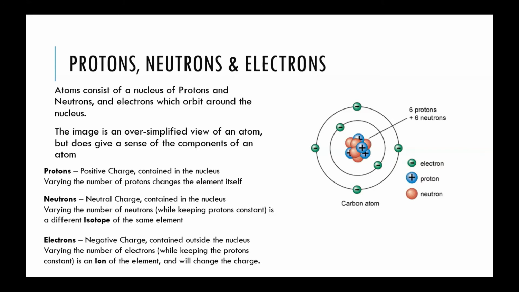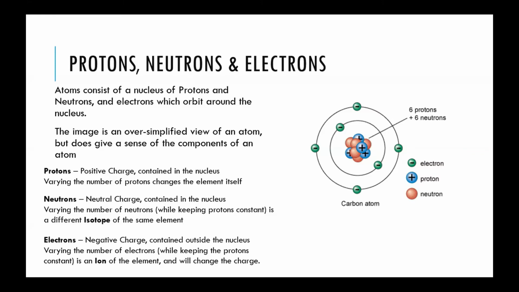Neutrons are also found in the nucleus of an atom, and these have a neutral charge. When you change the number of neutrons, as long as the number of protons is constant, so it's the same element, the number of neutrons can vary.